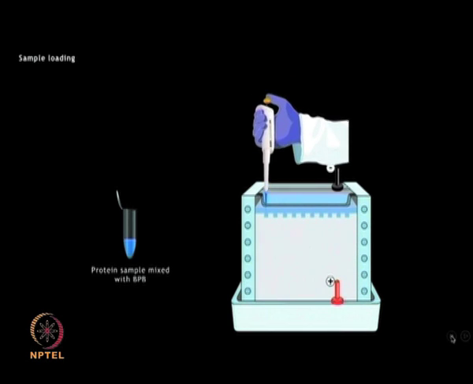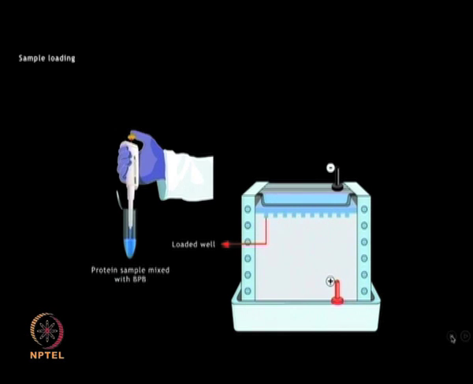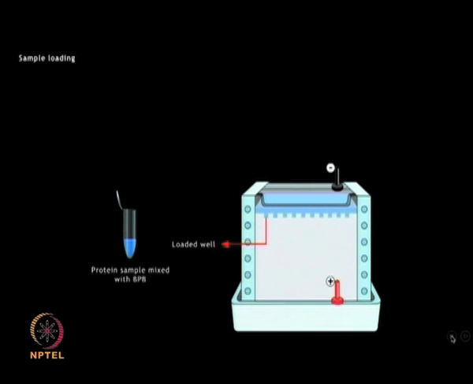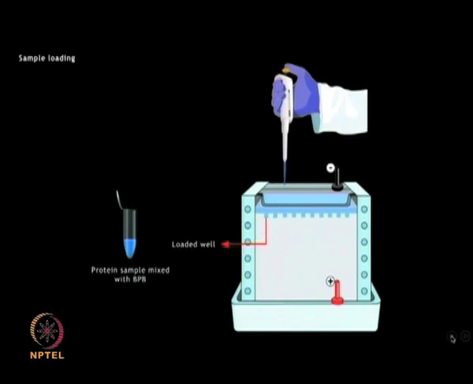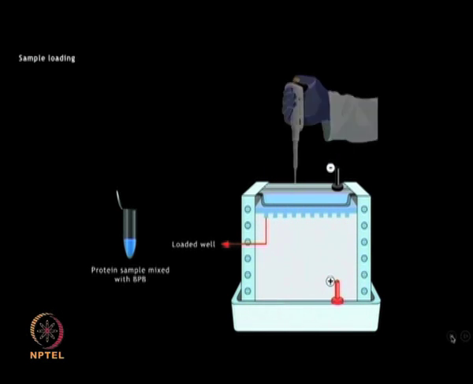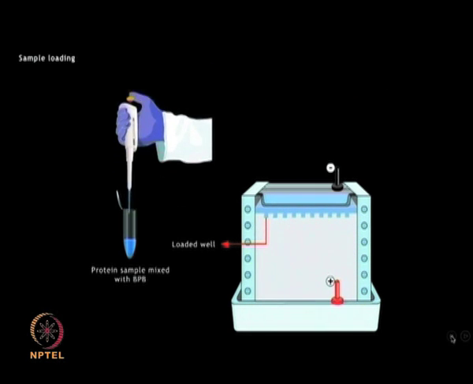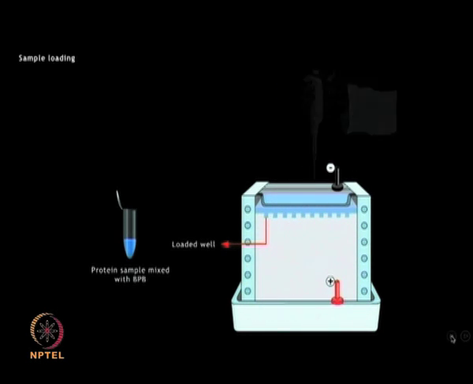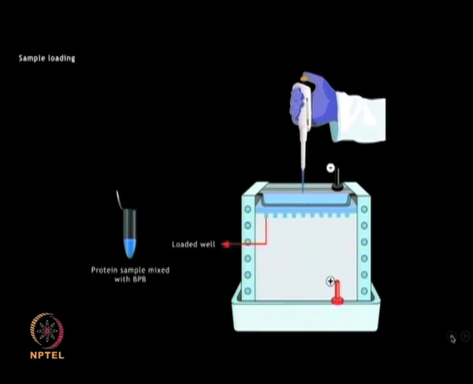The protein samples are then loaded into the wells with the help of a micropipette. As shown in the animation, you have different wells to load different protein samples. You can use one of the wells to add known or standard markers, and other wells can be used to separate the unknown proteins.